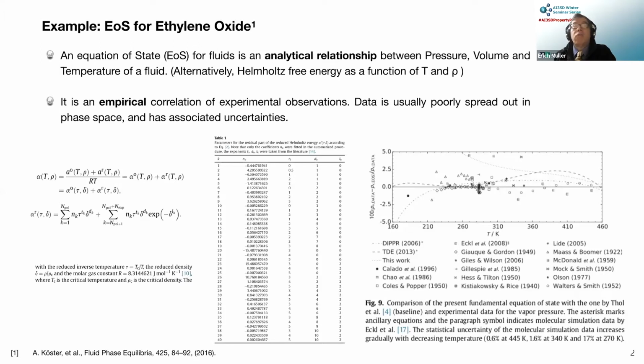The mathematical form used to fit these data is anything that you want. I put here an example from Professor Vrabek's group, and this is a classical example. You can see that it's expressed in terms of the Helmholtz free energy instead of maybe pressure or any other property. The pressure would be the derivative of this function.